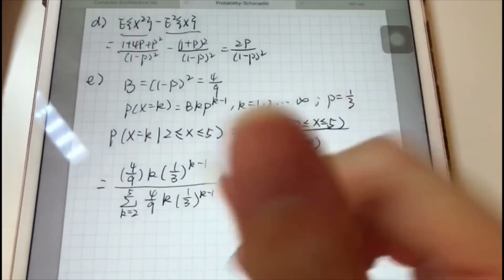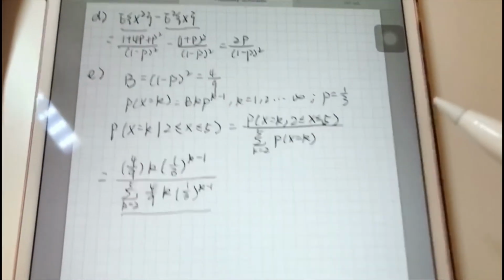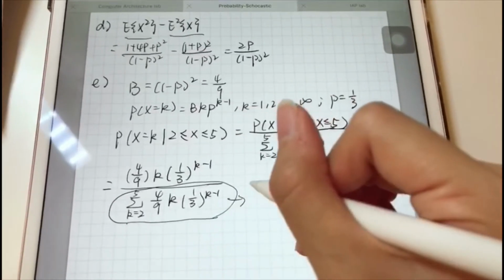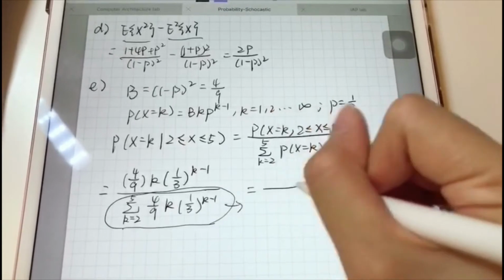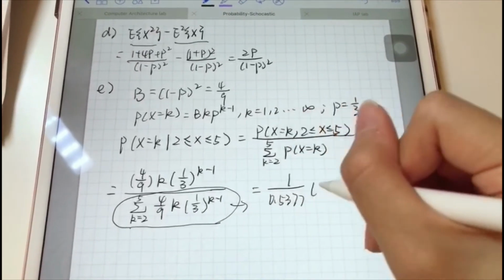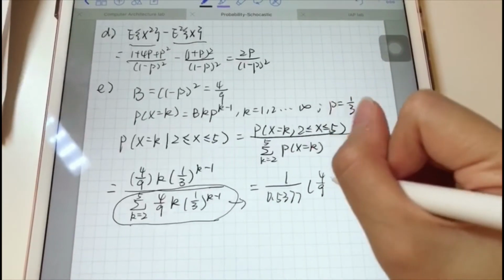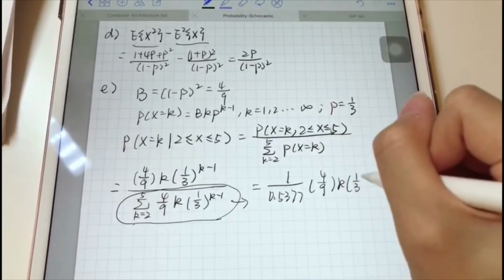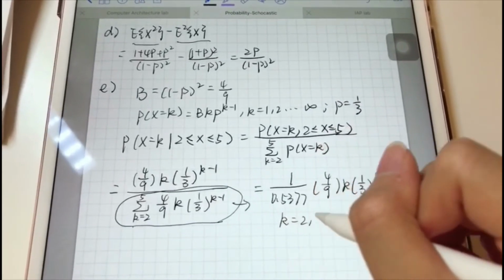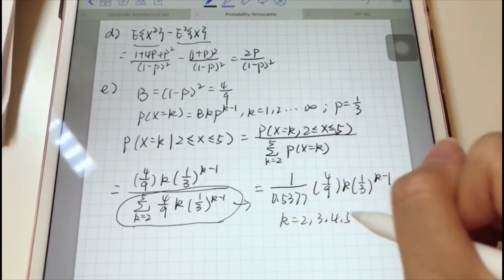This can be written into this expression, and we calculate it, so we can get the answer. And don't forget k equals 2, 3, 4, 5.